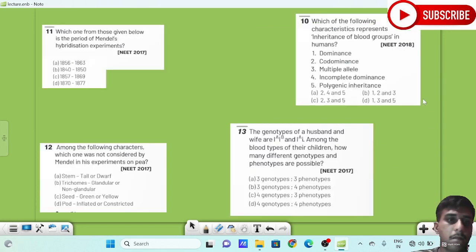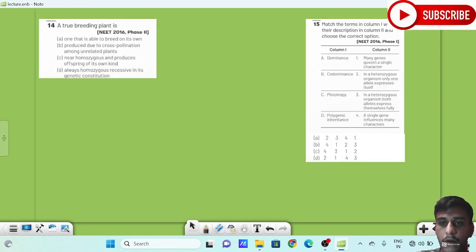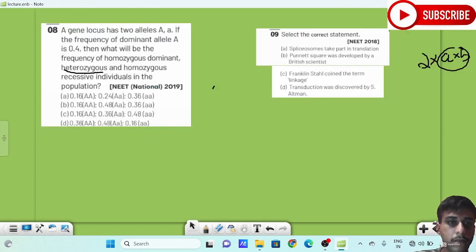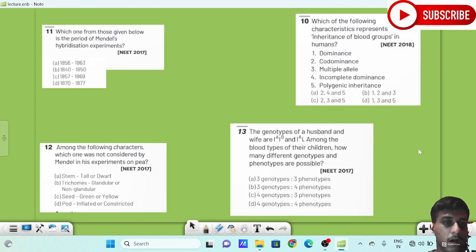Next, the 11th question. Which one from the given below is the period of Mendel's hybridization experiment? I think I have said this earlier.